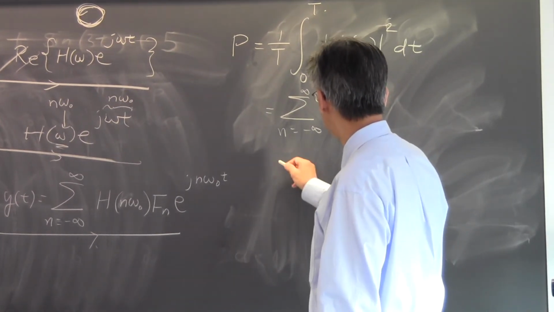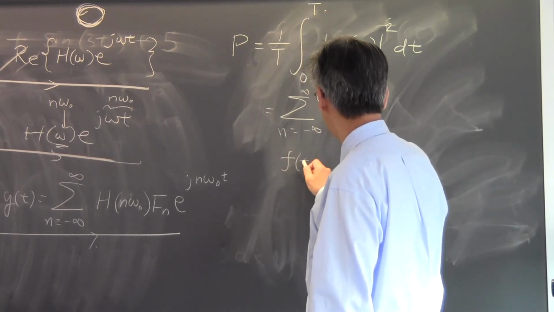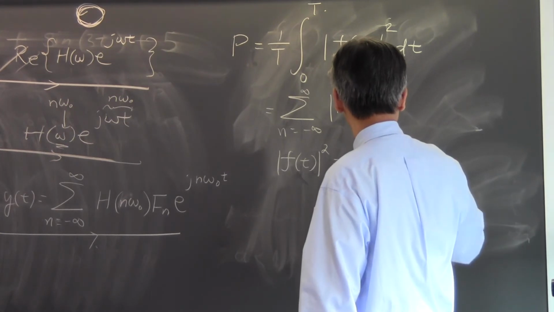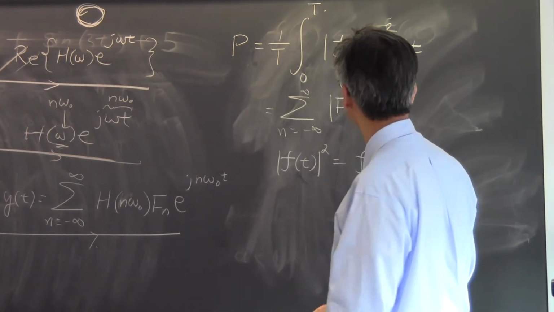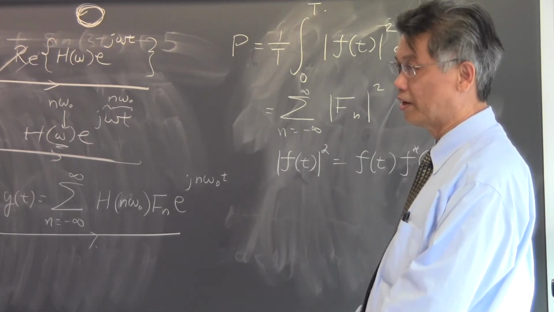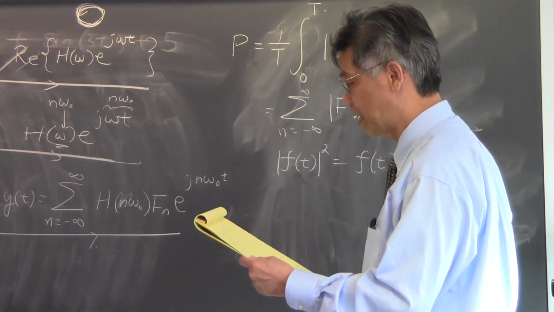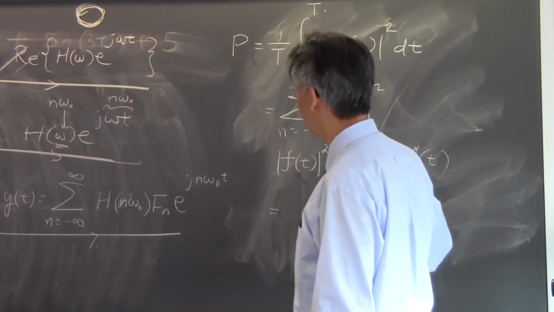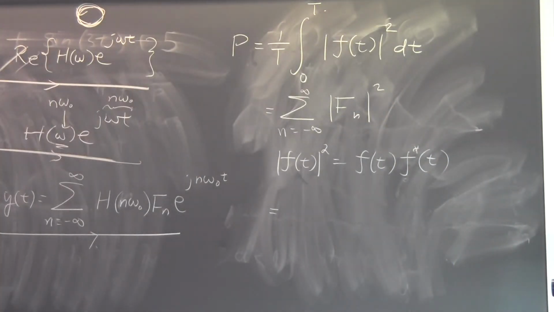Let's write f of t magnitude squared in terms of f of t times f complex conjugate t. If f of t is real, then that's not necessary, but if f of t is a complex function, then this is necessary. And then I write f of t in terms of its Fourier series.